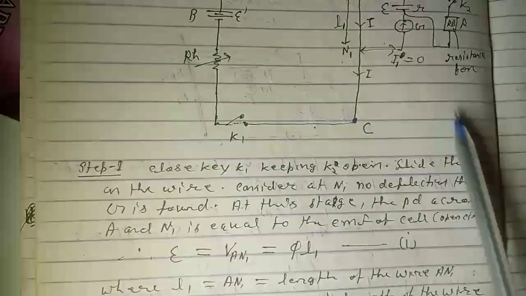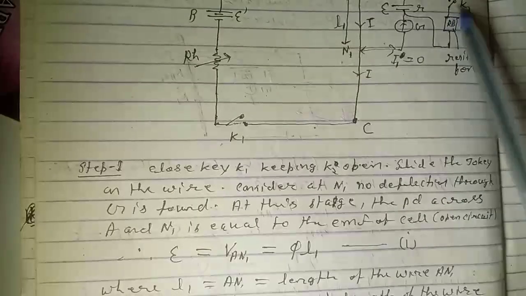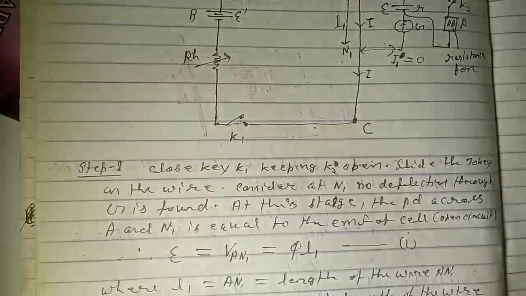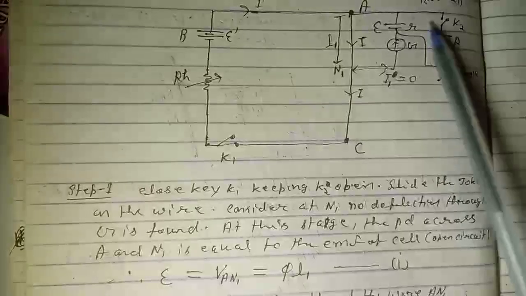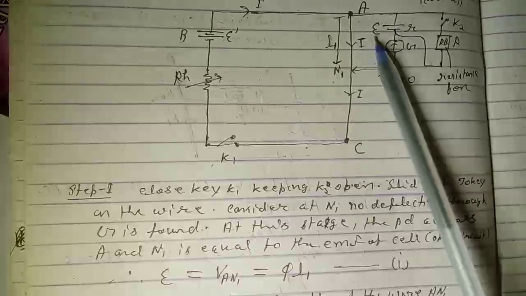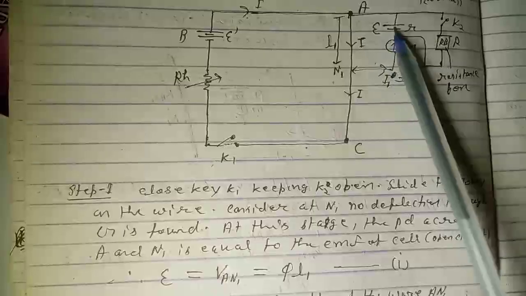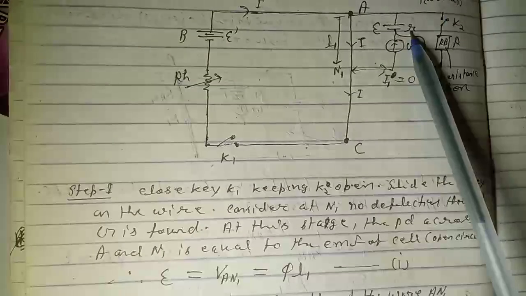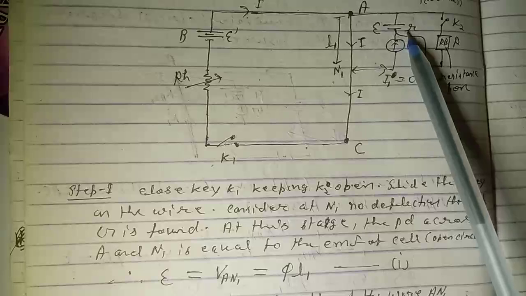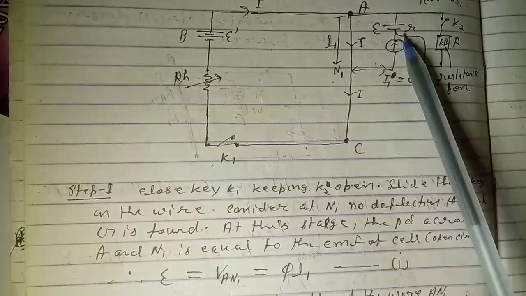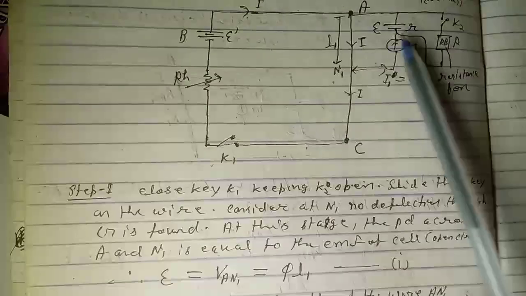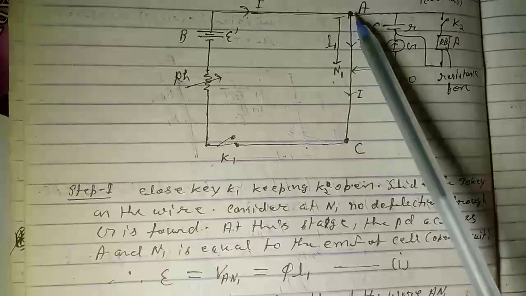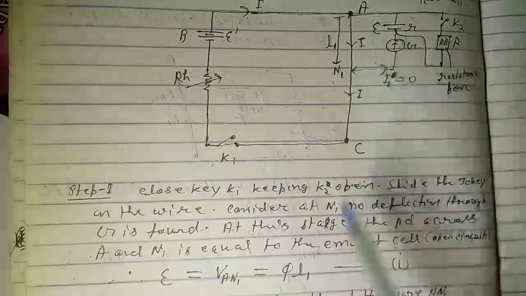That is, if K2 is open, then it will be an open circuit. This cell will be in open circuit, so the potential difference across this point A and N1 will be equal to the EMF of the cell, and this is the case of open circuit.